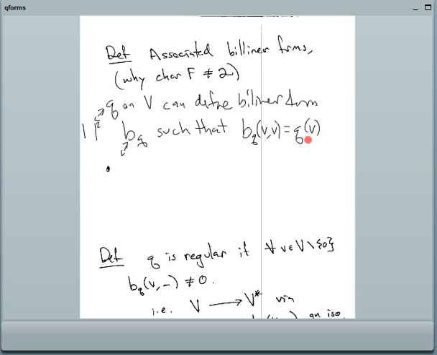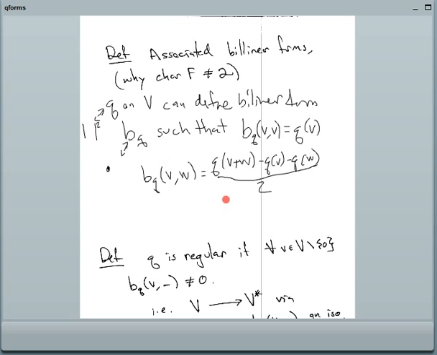If you start with a quadratic form, you can also define this thing B sub Q. The formula is that if I wanted to say what's the dot product of V and W, there's this well-known identity. It's Q of V plus W, minus Q of V, minus Q of W, and then divided by 2.